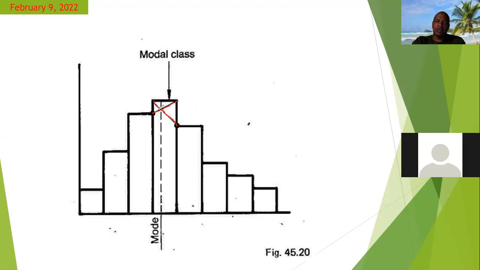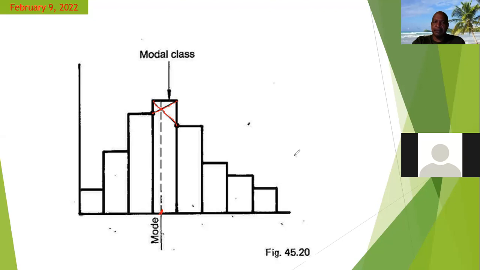Now, wherever these two lines intersect, you will draw with your ruler a vertical dotted line all the way down, and wherever it cuts the x-axis, that's where you read the value of the mode.